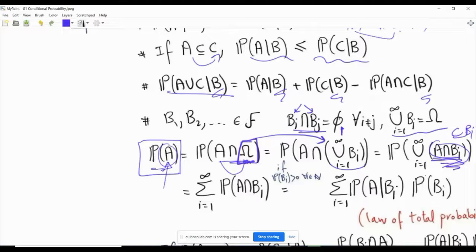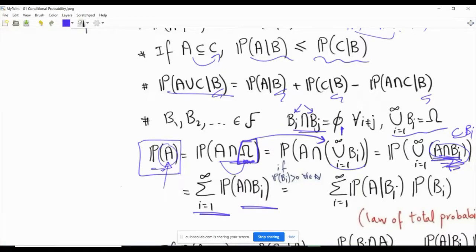And now we can apply the axiom of a probability measure, that there is nothing called a probability measure unless it is countably additive, which means that the probability of a union of disjoint events is the sum of probabilities. Because those guys are disjoint, the probability of the union is the sum of their probabilities.